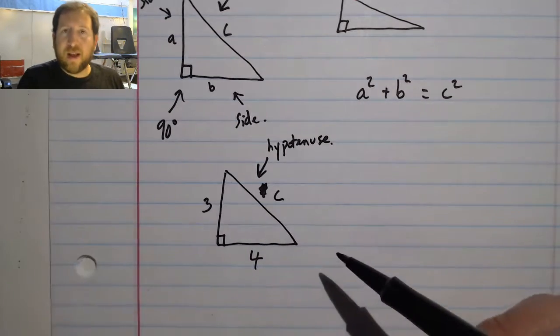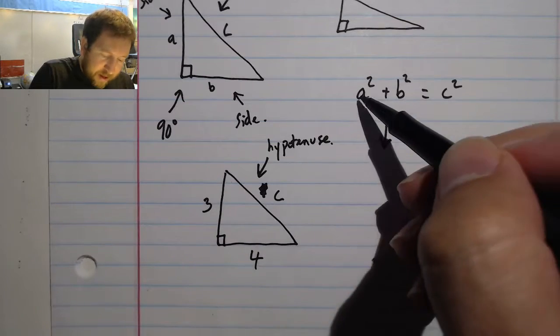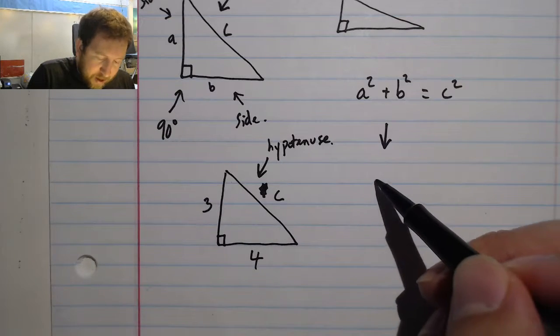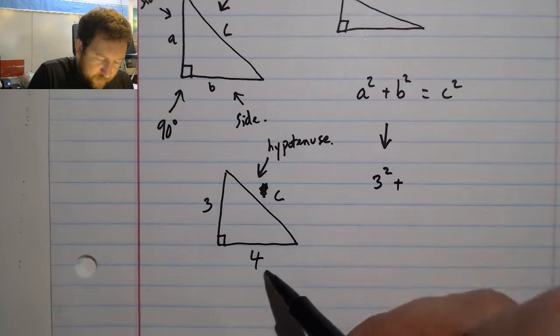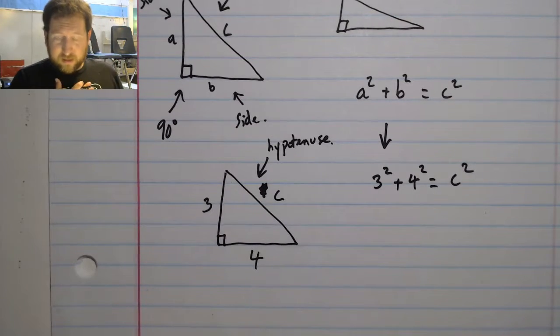So I can see that if I were to substitute in with my Pythagorean theorem, I could say that A, it doesn't actually matter which is which because they can flip around. My 3 squared plus my other side, my 4 squared, is equal to C squared.